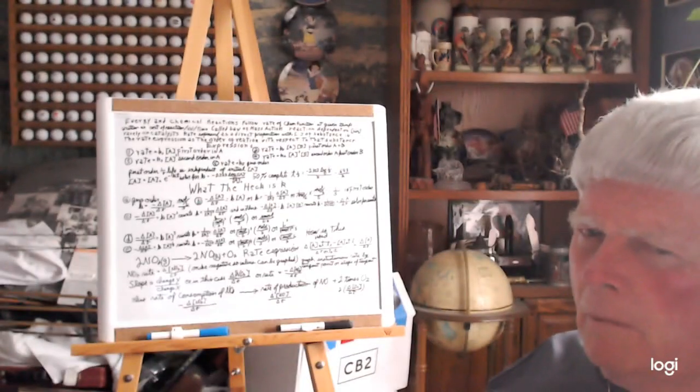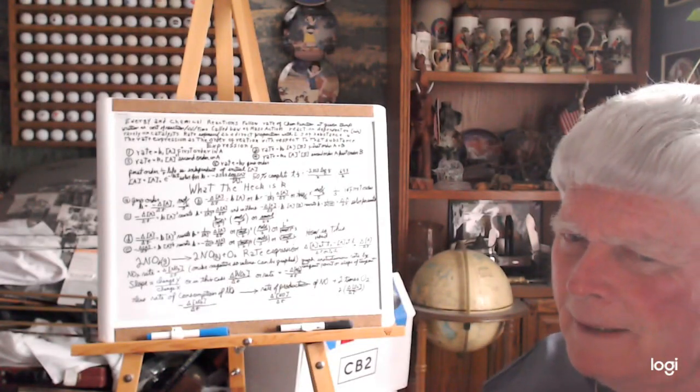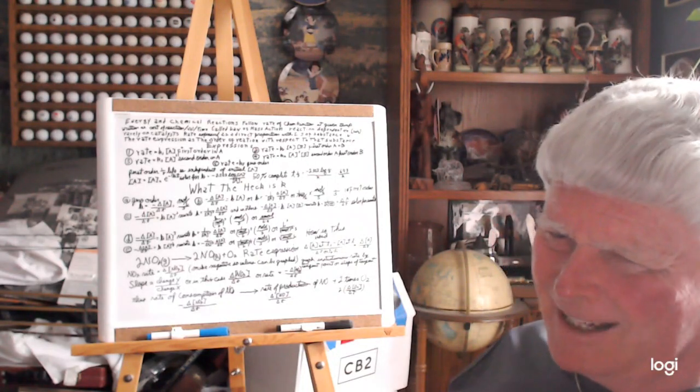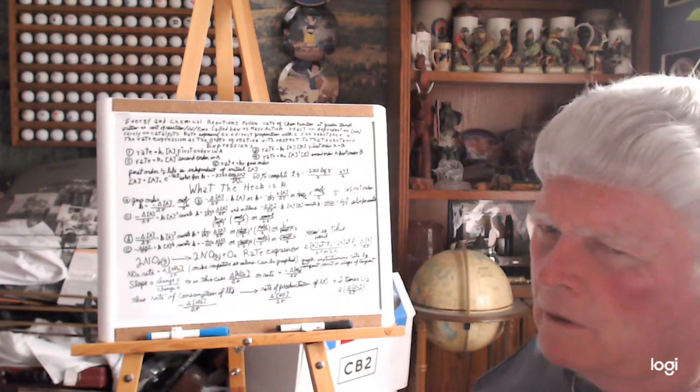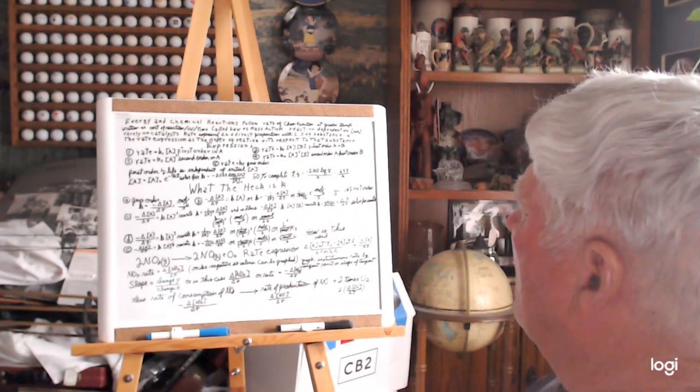Reaction, which I've described many times, in a volume and over a time frame. This is called the law of mass action, which is one of the fundamental laws of chemistry and physics for that matter.